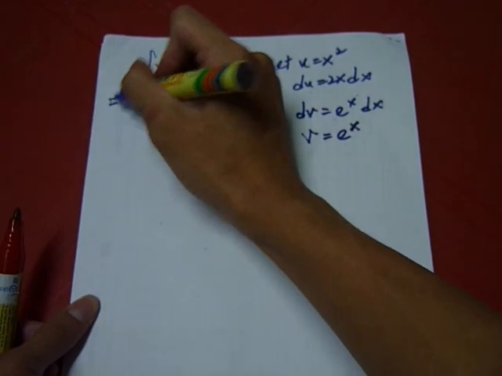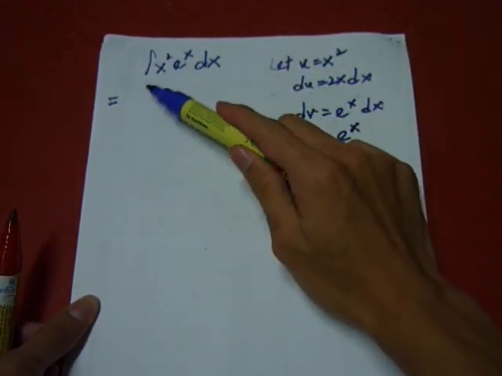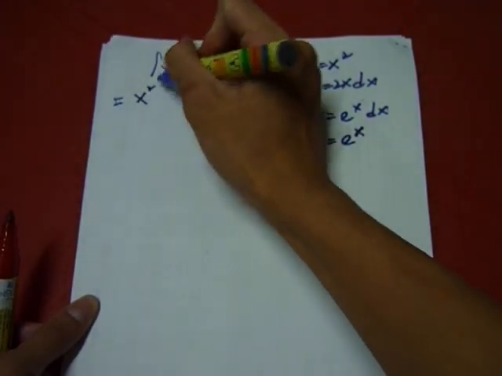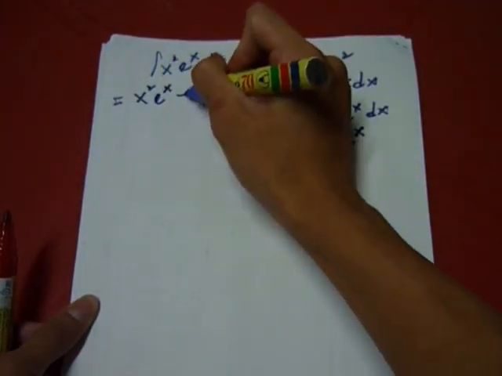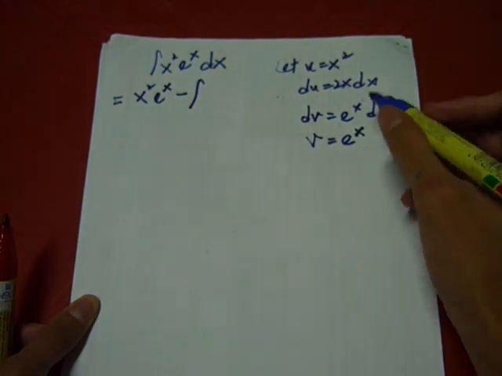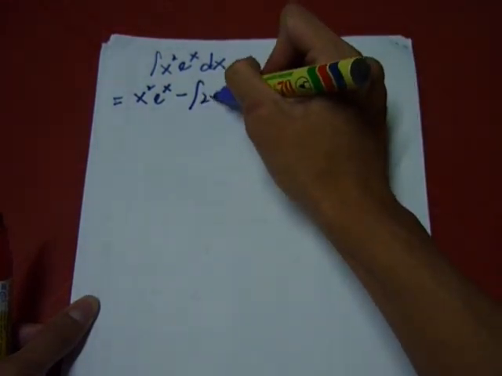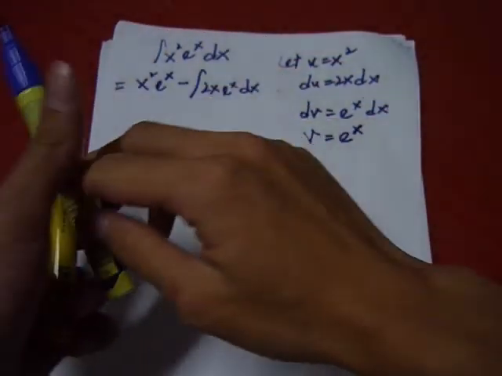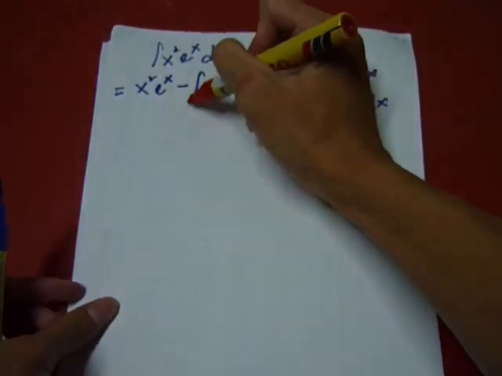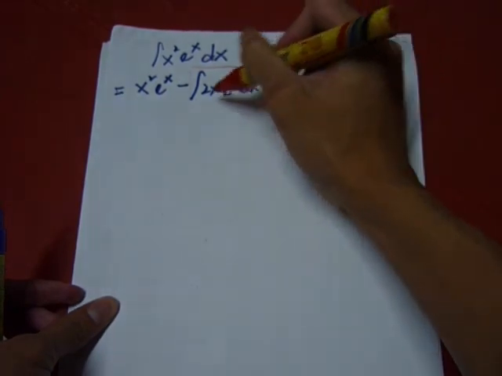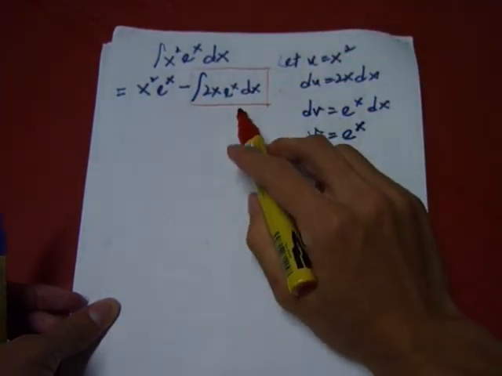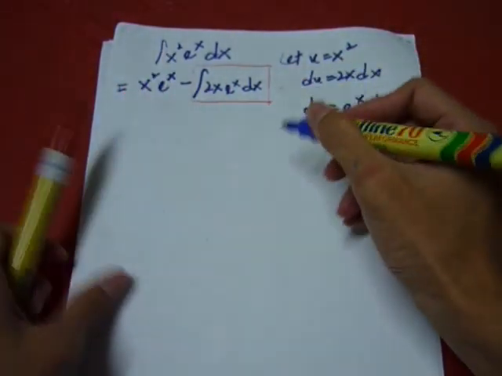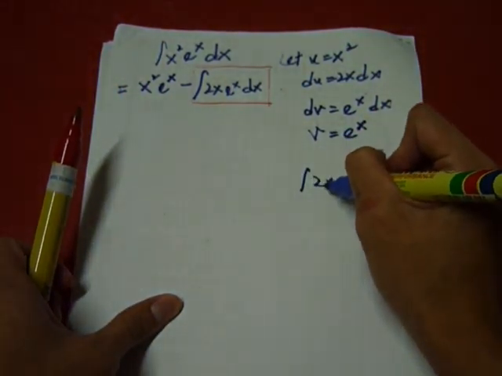And from the formula we know that this equals uv, which is x squared e^x, minus integration v du, which is 2x e^x dx. Okay, from here we need to do the integration by parts again, so we bring it down here and do it here again.